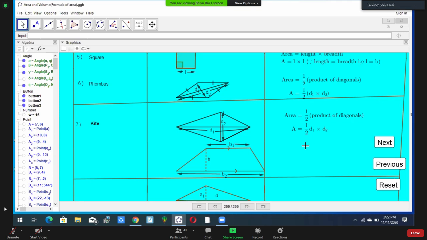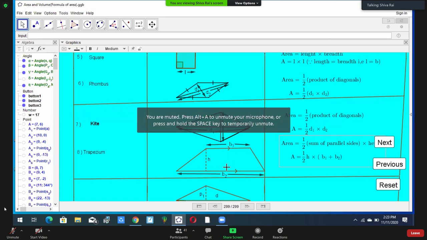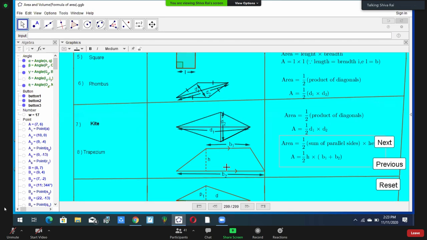Okay, next, below this. Trapezium or trapezoid? Trapezium. Let's see its formula to find the area of a trapezium: area equal to half the sum of parallel sides into height. B1 and B2 are the parallel sides. A quadrilateral in which one and only one pair of opposite sides is parallel is a trapezium.